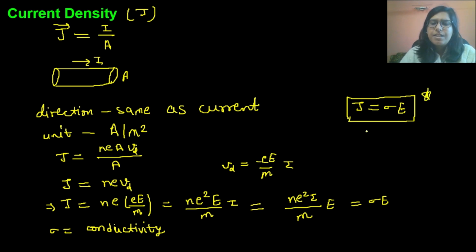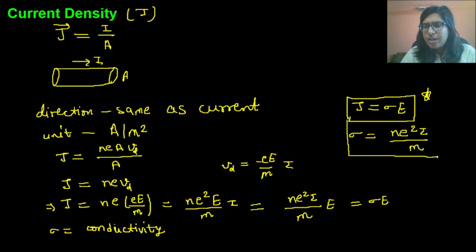And sigma is the conductivity, which is n e square tau by m. Remember this formula also. And another relation is sigma is 1 by rho. Rho is the resistivity.